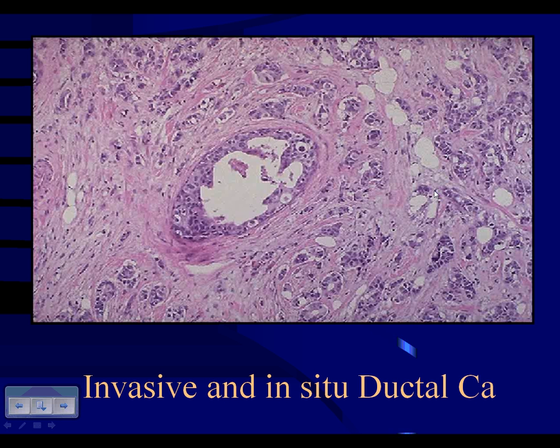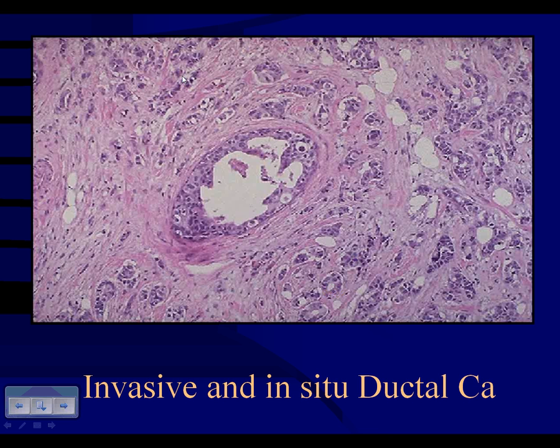Now here's what it looks like on histology. Again, you actually do have a little focus of in situ carcinoma here as well, but out in the stroma surrounding that duct that's involved are invasive nests of malignant cells, some that are solid and some that show little acinar glandular formations.